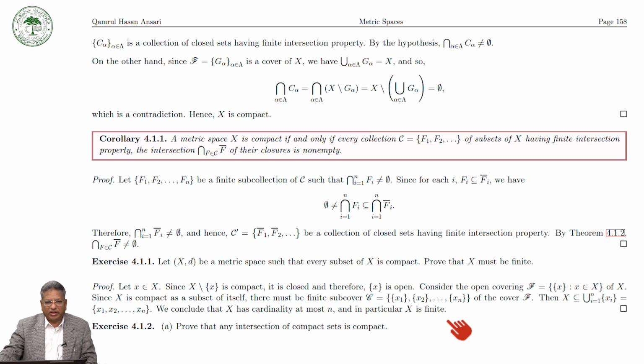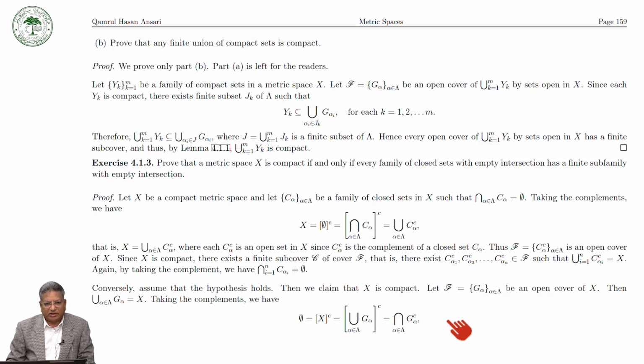So this way we can prove that if every subset of a metric space X is compact, then X is finite. Now we have mentioned as a remark that any arbitrary intersection of compact sets is compact, and a finite union of compact sets is compact.